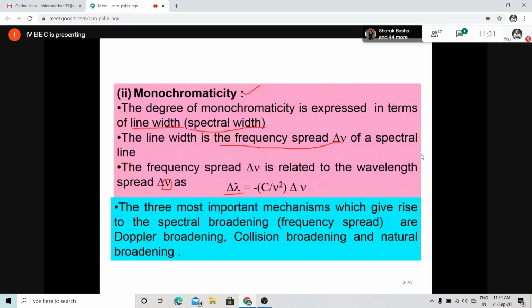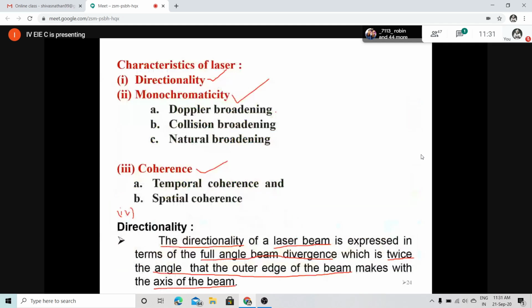The monochromaticity is affected by Doppler broadening, collision broadening, and natural broadening. Hope I made this clear for you. Those three are the broadening effects.